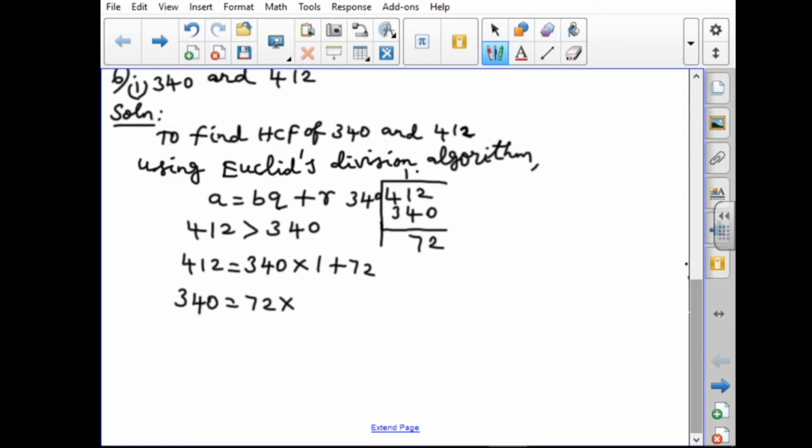In the second step you have to divide like this: 340 divided by 72, 4 times it will be, so 288. So the remainder is 52. This is the quotient, this is the remainder. So 72 into 4 plus 52. We have to continue this process until the remainder is 0.